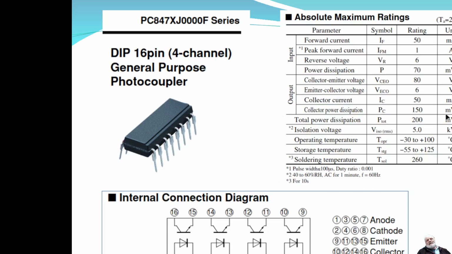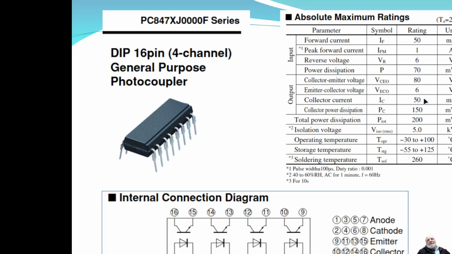If you look at this, it can only handle 200 milliwatts. The collector and emitter voltage is actually higher than I thought it would be. It can go all the way up to 80 volts, but it's really designed for low voltage, certainly low wattage uses.